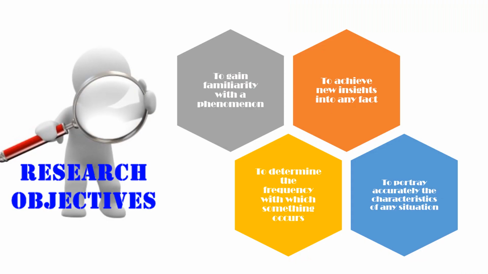Now, research objectives. Why do we need to do research? The main purpose of research is to discover answers to questions through the application of scientific procedures. The main aim of research is to find the truth that is hidden and that is not discovered. There are some purposes here, like if we want to gain familiarity with a particular phenomenon, or we want to achieve new insights into a fact.